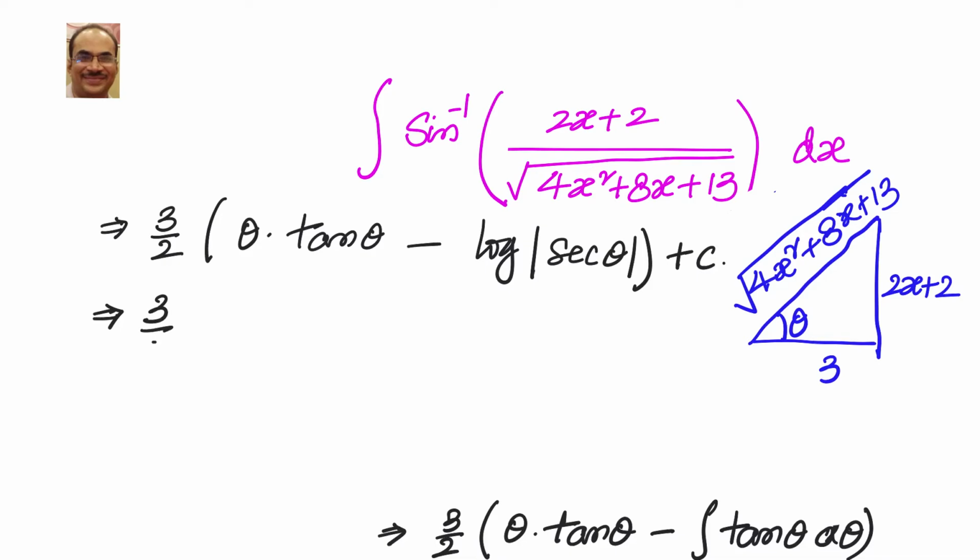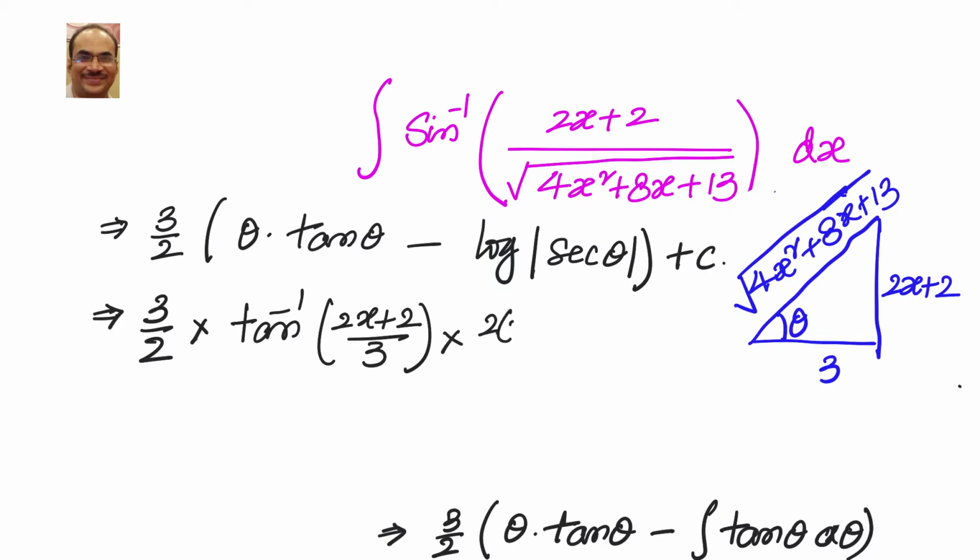Now the only thing left is to get them in terms of x again. So we will write down 3 by 2 into theta. Theta, we know tan theta is (2x plus 2) by 3. So theta is tan inverse of (2x plus 2) divided by 3, into tan theta, that is (2x plus 2) by 3, which can be written as 2 into (x plus 1) by 3, minus log of secant theta.